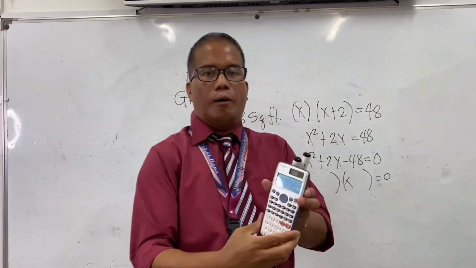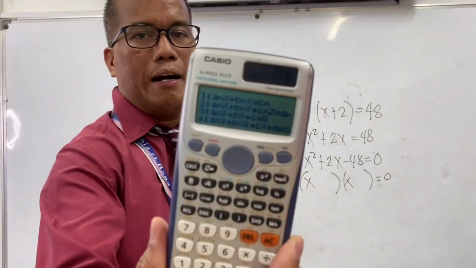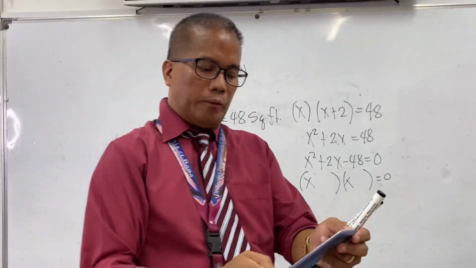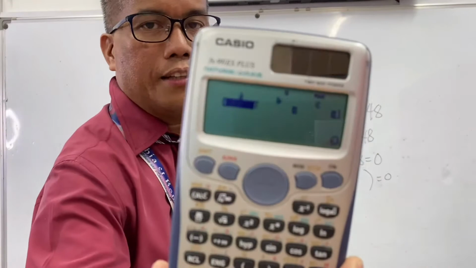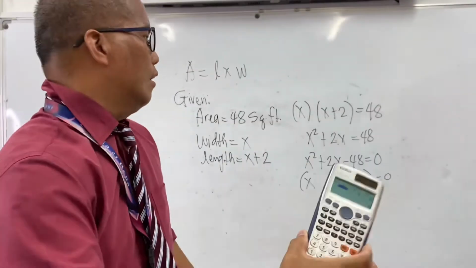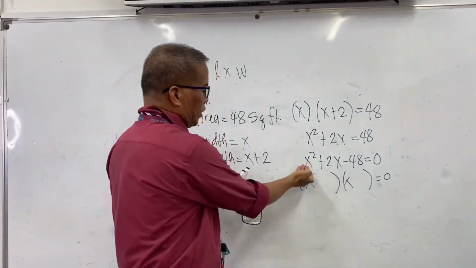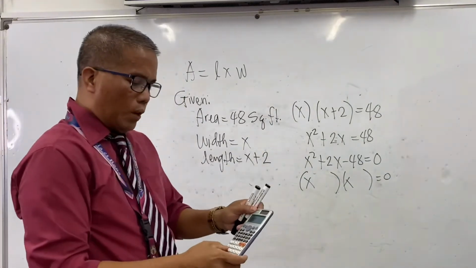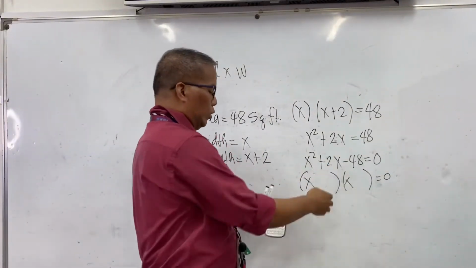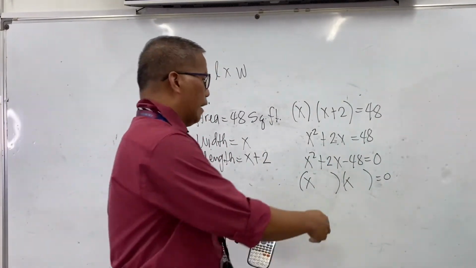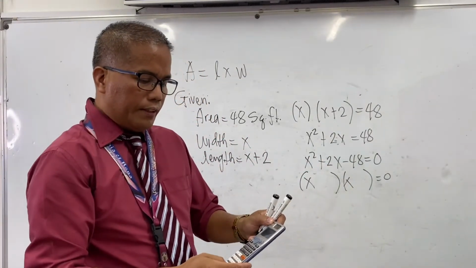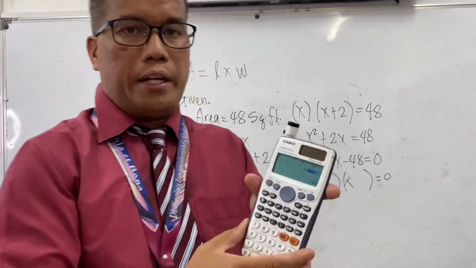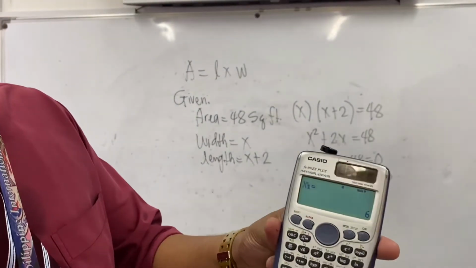And then of course press number 3 for the quadratic equation, then the result is this. Look at that. Alright, so we will enter now the numerical coefficients. 1 equals, then 2 equals, then negative 48 equals. Then again, press the equal sign. So this is the result.